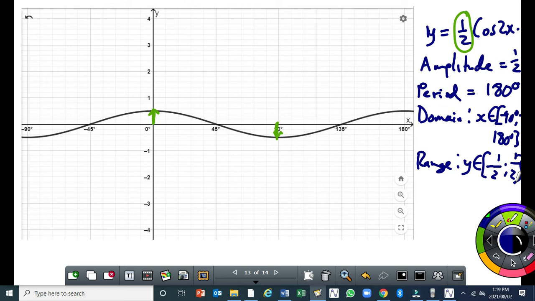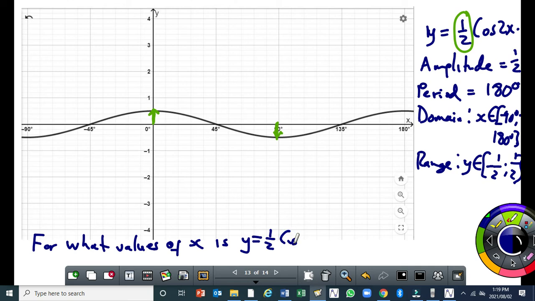Decreasing. For what? Okay, let's answer this question. For what values of x is y, referring to that graph, y equal to a half of cos x an increasing function?